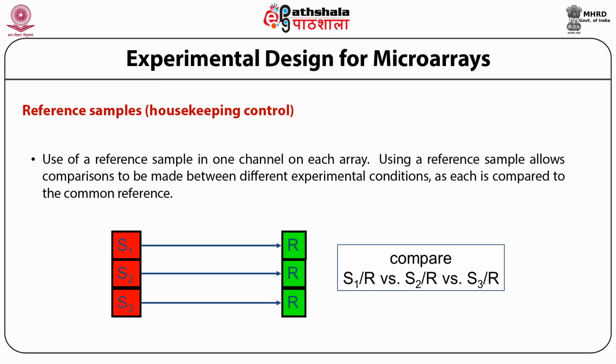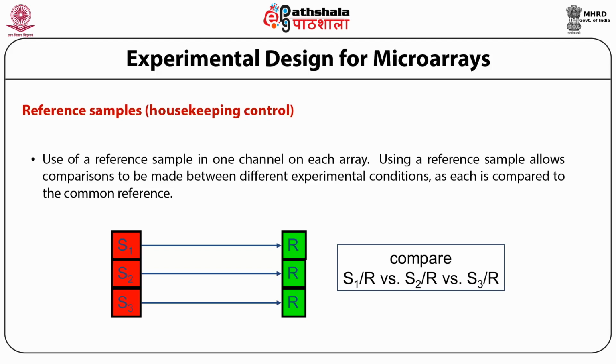If we see a variation in the controls, then we are really not sure whether the variation is because of the difference in the amount of sample we loaded, or because of real variations. That makes it important to use references or internal references as QC, or quality control, in microarray experiments. So you could see S1, S2, S3 are the three different samples, and the corresponding references are R and R. We are going to do S1 by R, S2 by R and S3 by R.